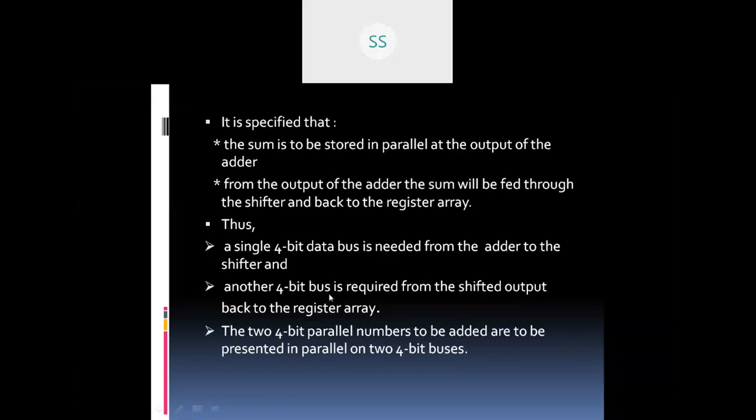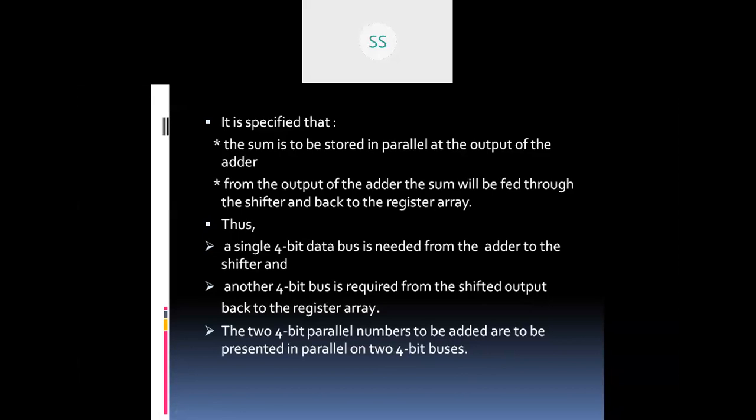Then the last one is the two 4-bit parallel numbers to be added, which are presented in parallel form on two 4-bit buses.